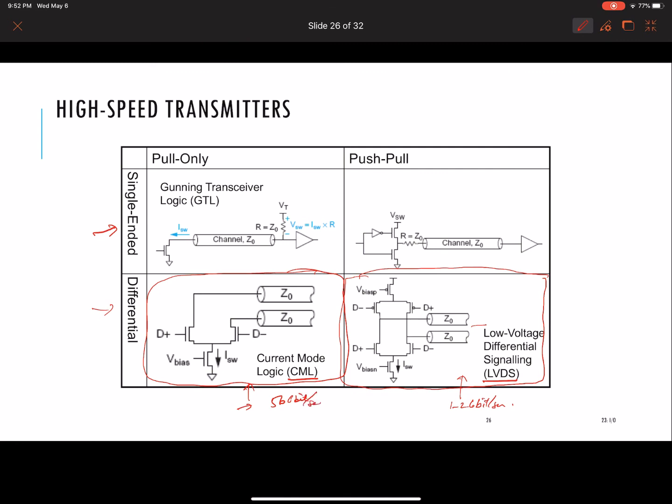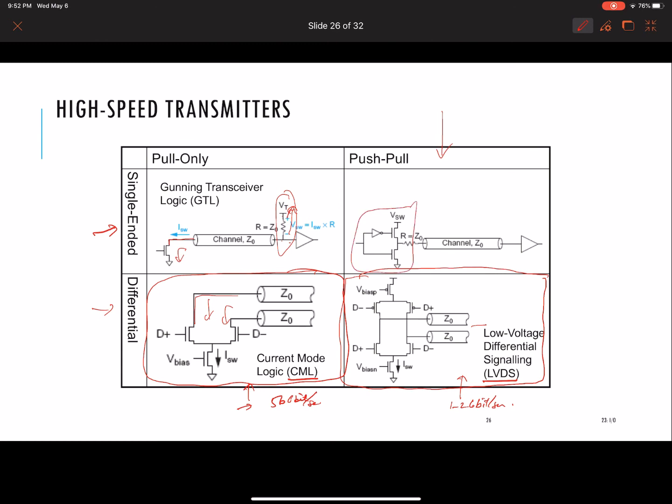Okay. And then you could do what's called push only, where you have an open drain like you have here. You're just pulling current this way or this way, and you're terminated at the output. So your load is sitting at your output, and you're pulling current in. This is creating your 1s and 0s when you're pulling down.